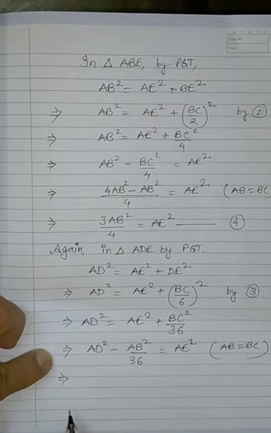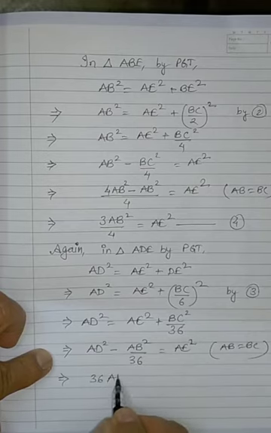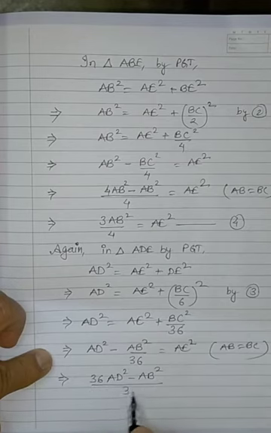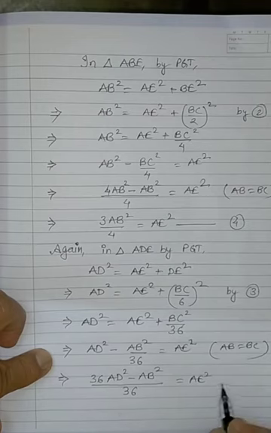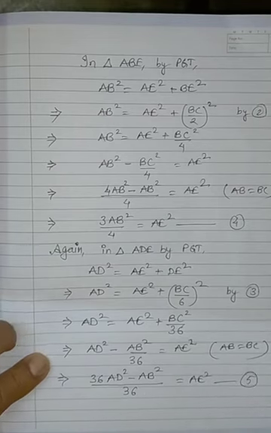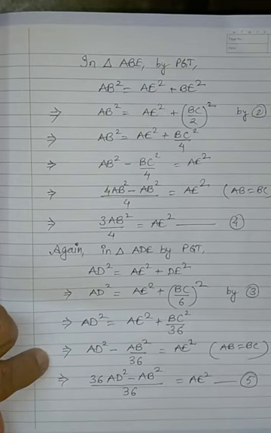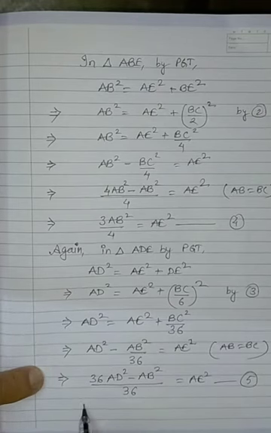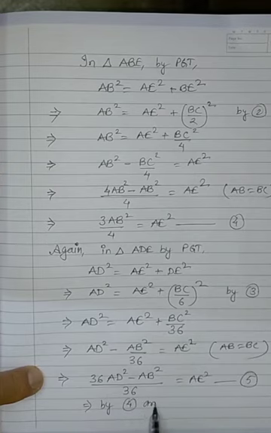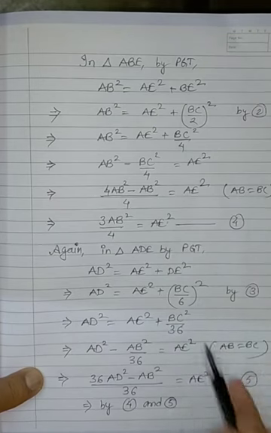If we take the LCM here, 36 AD square minus AB square upon 36 is equal to AE square, equation number 5. That implies by equation number 4 and equation number 5, as they both represent AE square, we can equate them.